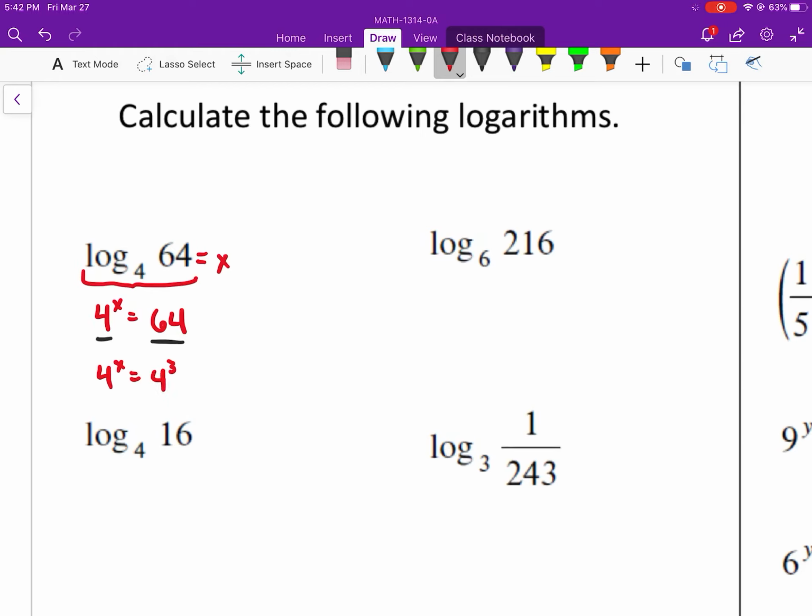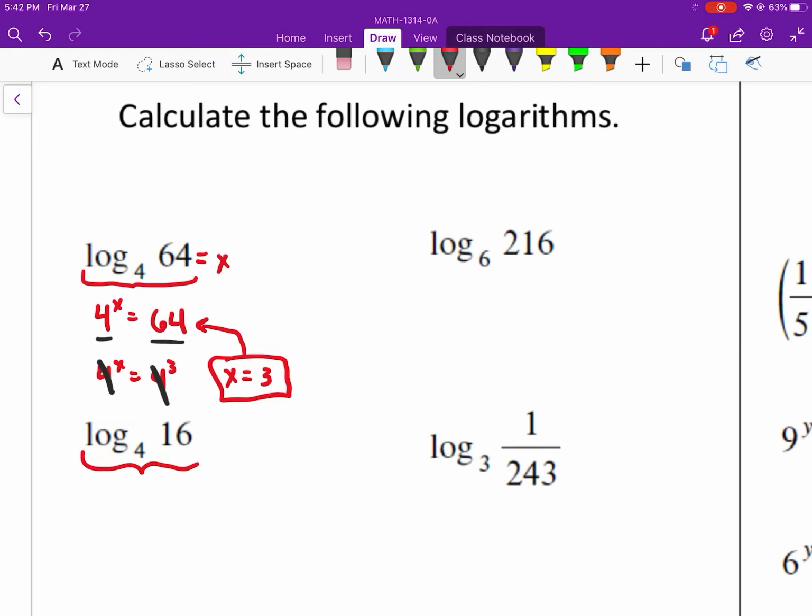So 4 to the x power equals 4 to the 3rd. Now do y'all remember what I can do with those bases? Now that they're the same, I can cross them out and we equate the powers, and that means x equals 3. Not a whole lot of solving to do right there. X equals 3. Okay? And if I plug it back into here, it really makes a lot of sense because 4 to the 3rd power is 64.